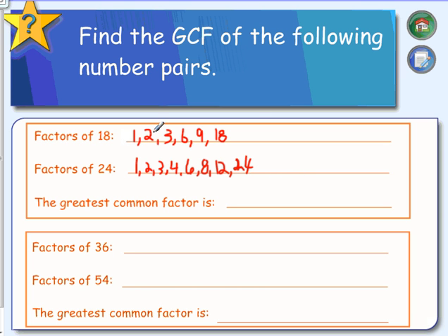All right, you look along here. Well, no, no, no. Oh, found some that are in common. So our greatest common factor would be 6.